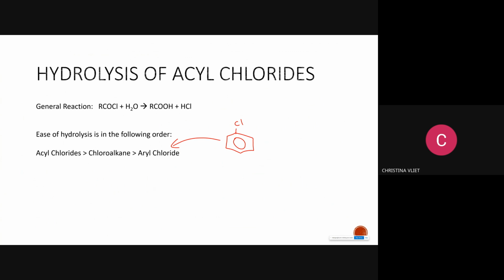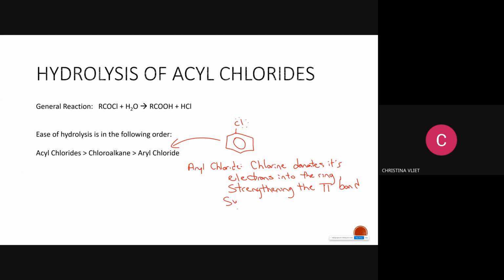So the idea is that with the aryl chloride, chlorine is an electron donating group. It donates its electrons into the ring, strengthening the pi bond system.